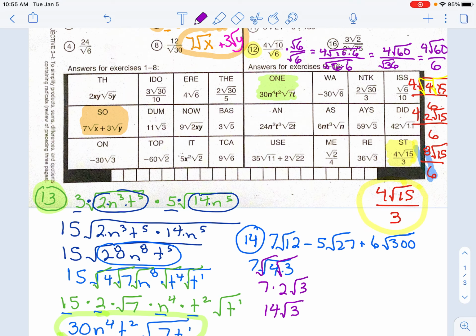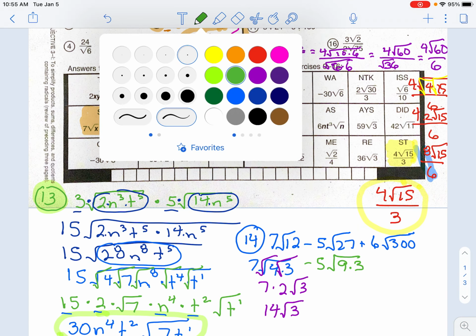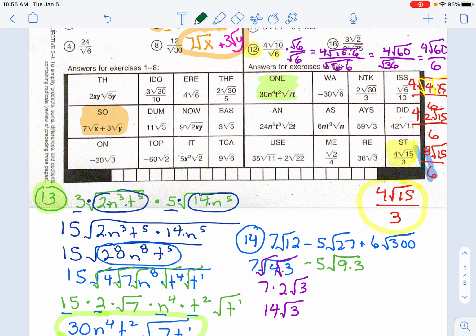All right, so what about the next term? Well, the next term also has a perfect square in it because 9 goes into 27, 9 times 3. So then again, I give each of the factors their own square root sign, and this becomes negative 5 times 3 times the square root of 3. And now this gives us negative 15 square root of 3. So now when we look at these square roots, we can see that the number under the radical is the same.